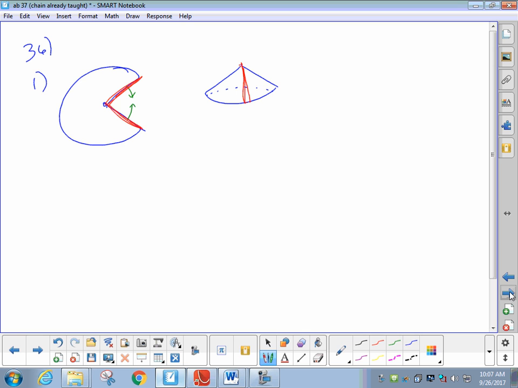So let's talk about the problem there. I understand the idea. The circle had a radius of 10. Don't know what the angle was they cut out, but it's x in radians. Find the radius and circumference of the cone in terms of x. Let's go with the circumference first. The circumference here would correspond to what there?